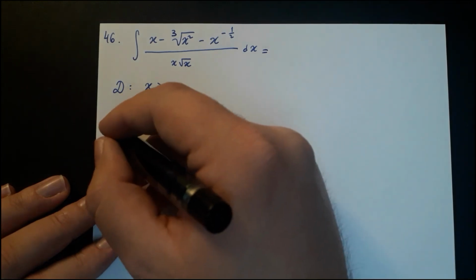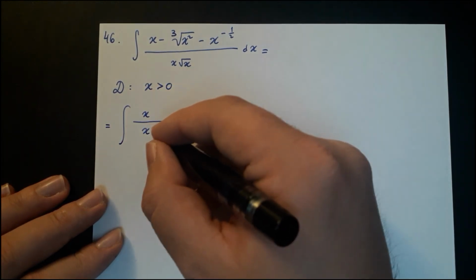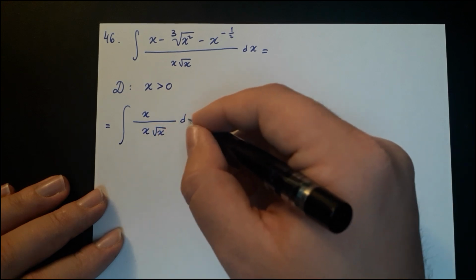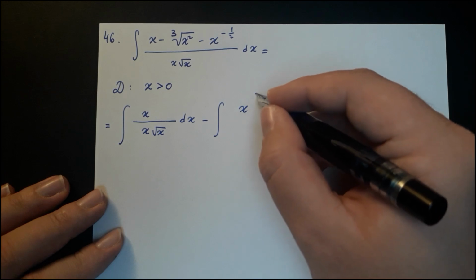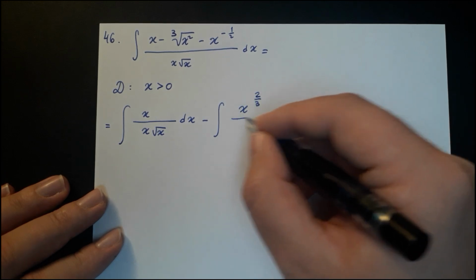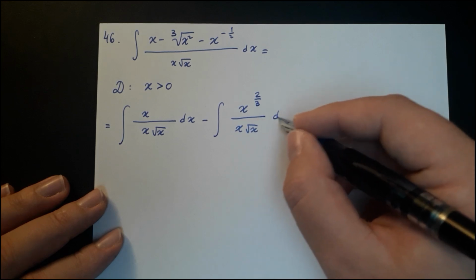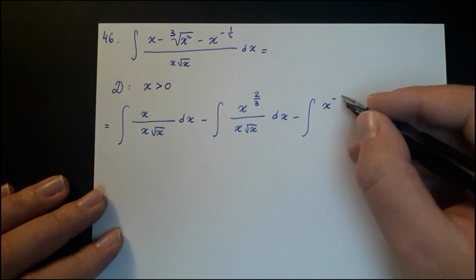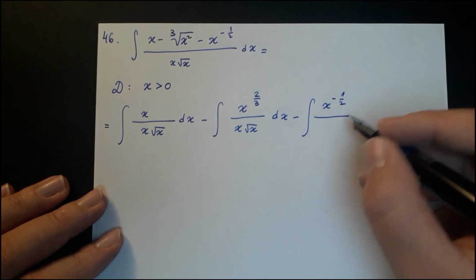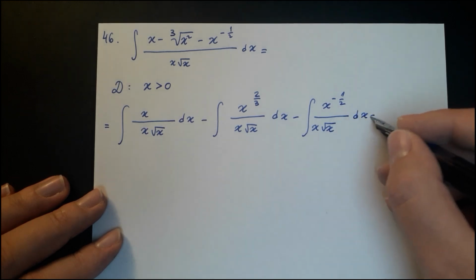This integral is equal to an integral of x divided by x square root of x dx minus an integral of x to the power 2/3 divided by x square root of x dx minus an integral of x to the power negative 1/2 divided by x square root of x dx.